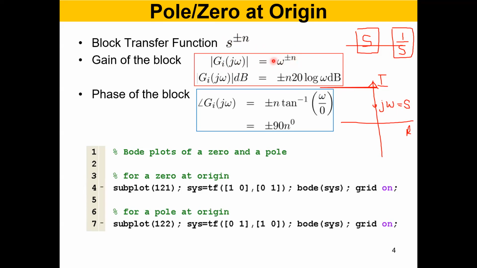Now, when you say gain, it is actually the magnitude of the vector from here to here. It is a vertical vector, so the magnitude is simply omega. So it is omega to the power plus or minus n. Here n means the order. You can have 1 zero at the origin, or 2 zeros, 3 zeros at the origin. Or if it is minus 1, 2, 3, you can have 1 pole at the origin, 2 poles, 3 poles at the origin, like that.